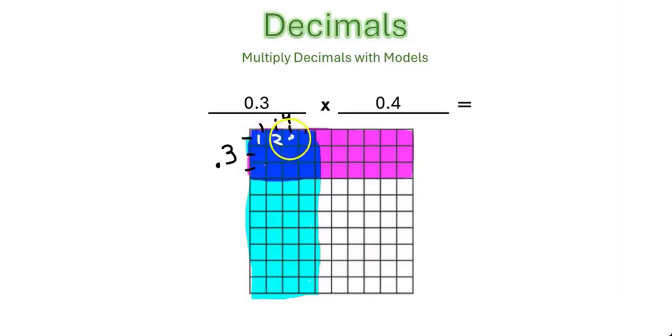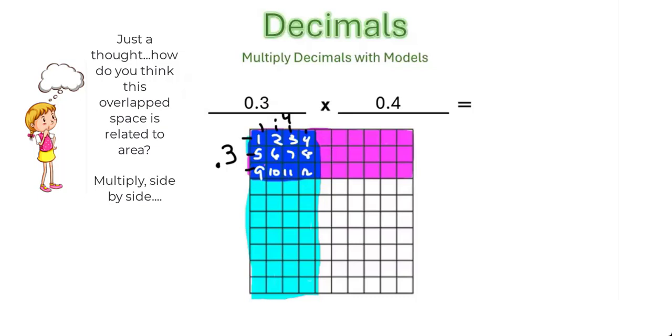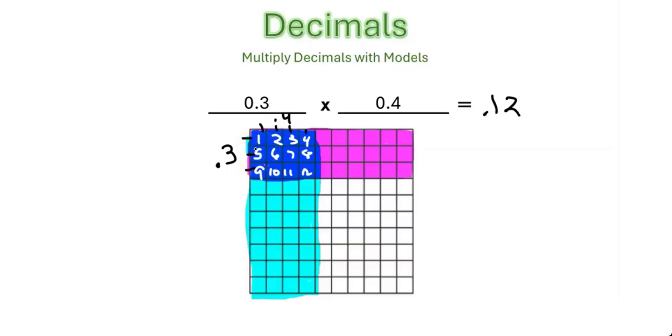So my answer, there's 4, 5, 6, 7, 8, 9, 10, 11, 12. So the answer to 3/10 times 4/10 is 12 hundredths. Because remember, when I counted these little squares, those are hundredths. So the answer is 12 hundredths.